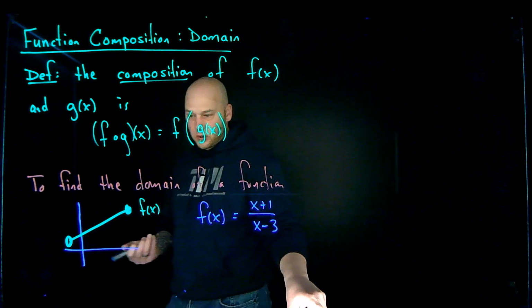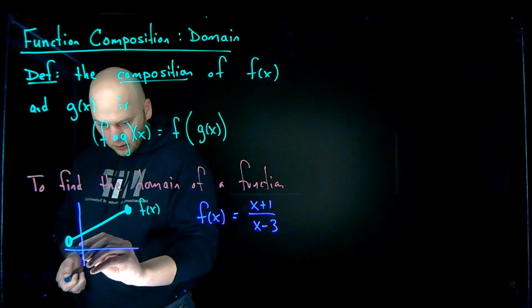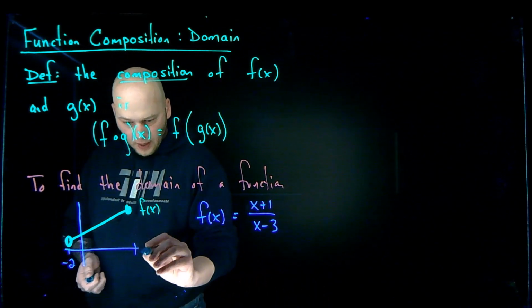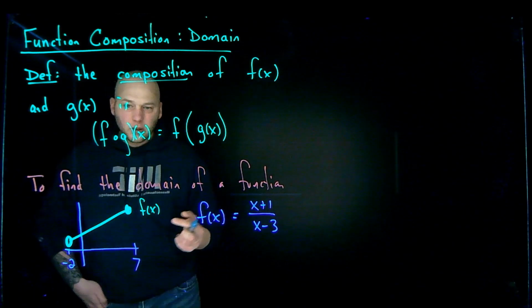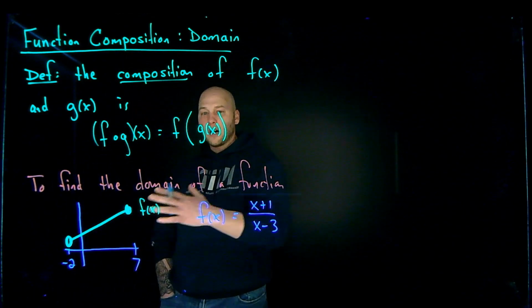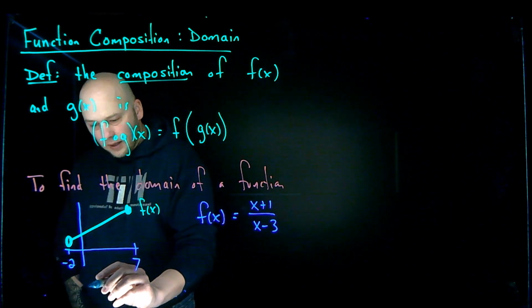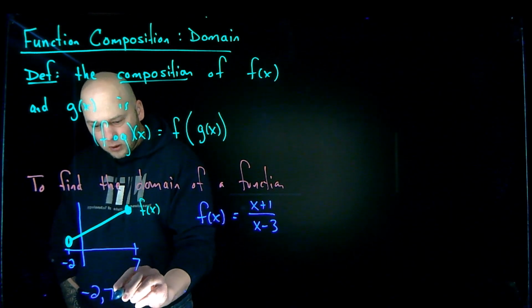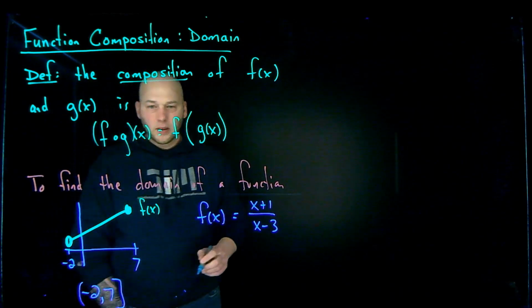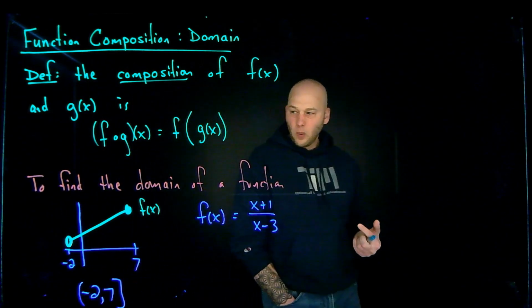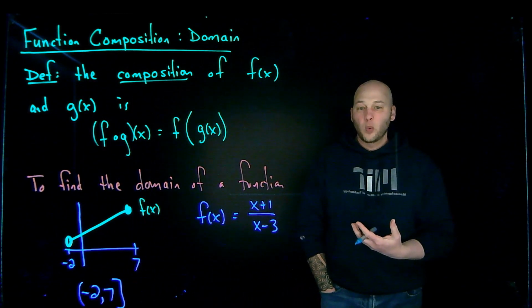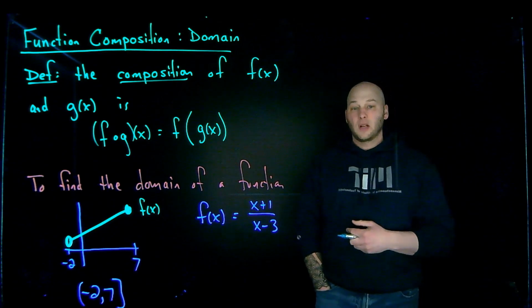Let me just make up some numbers here. Let's say this goes back to -2 and this goes over to 7. I would see how far does the graph go to the left, how far does the graph go to the right, and it looks like it would go from -2 to 7, and I'll write that in interval notation. Now, with a graph, again, I'm looking for which x values am I specifically using.